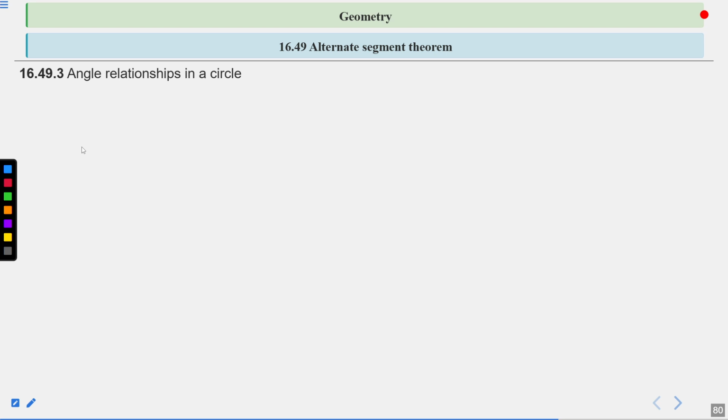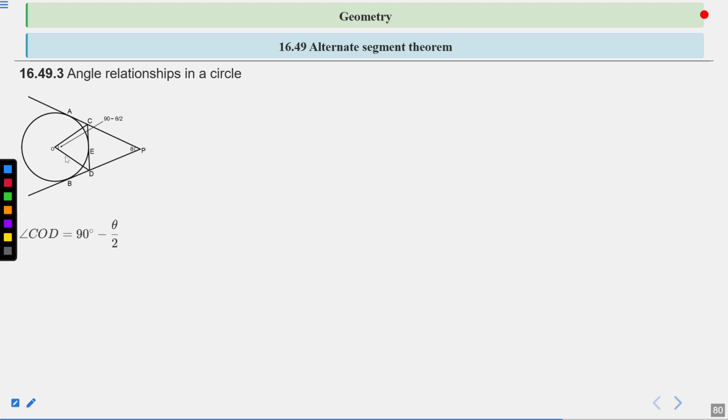Angle relationship in a circle in the alternate segment theorem. So this is the diagram. If this angle is theta, then the angle at the center will become 90 minus theta by 2.